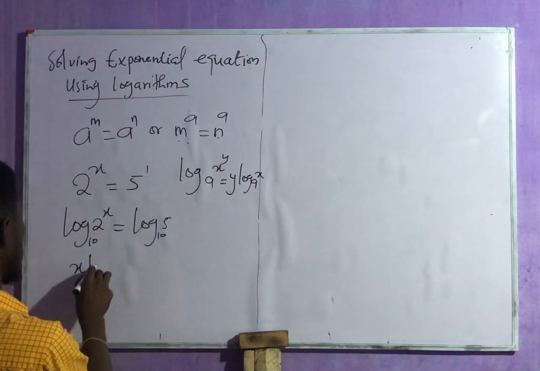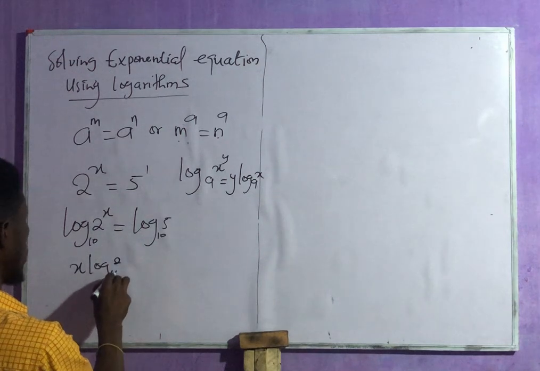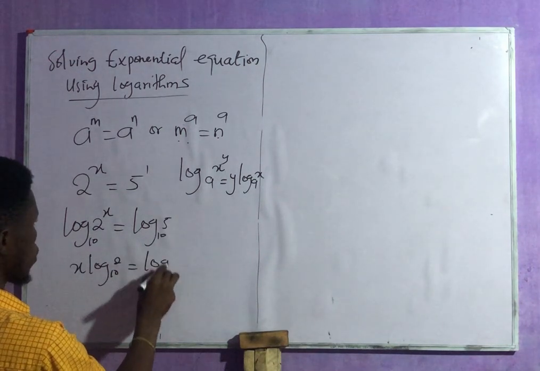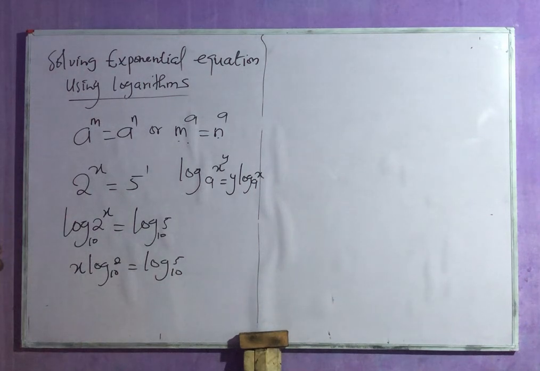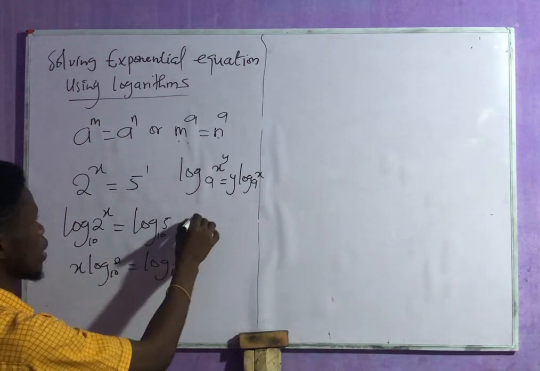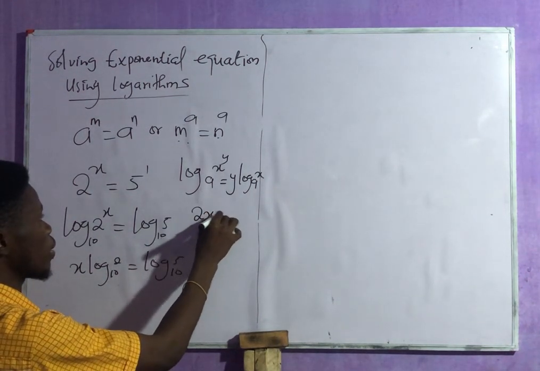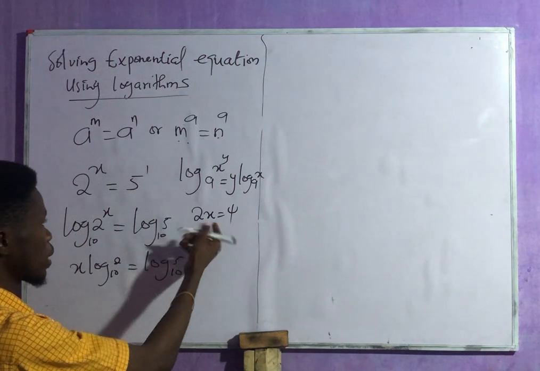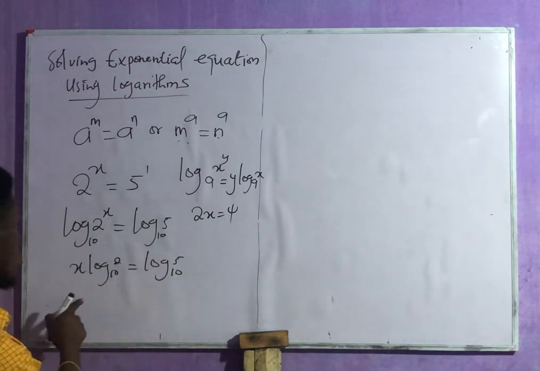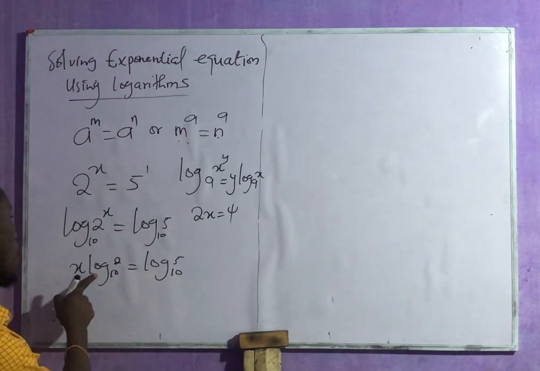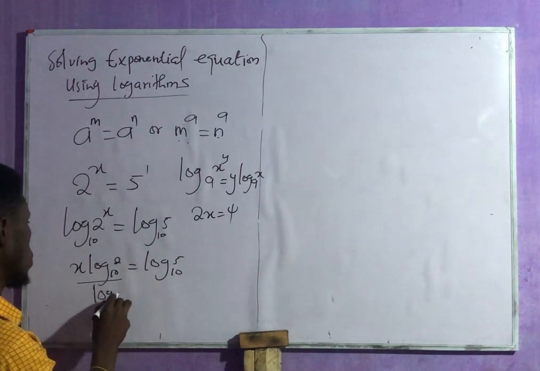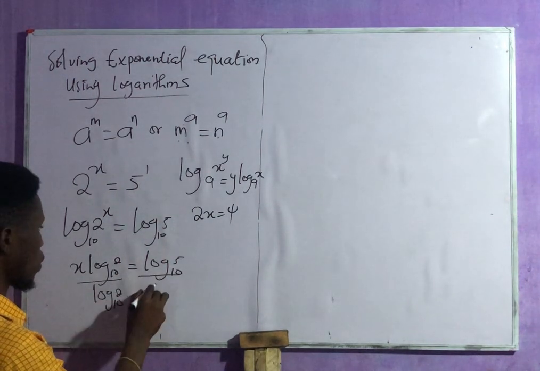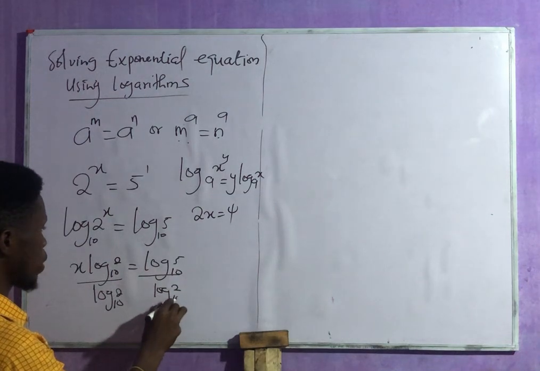That will give me x log 2 base 10 equals log 5 base 10. Now looking at this, I want to find my x. I divide both sides by log 2 base 10.